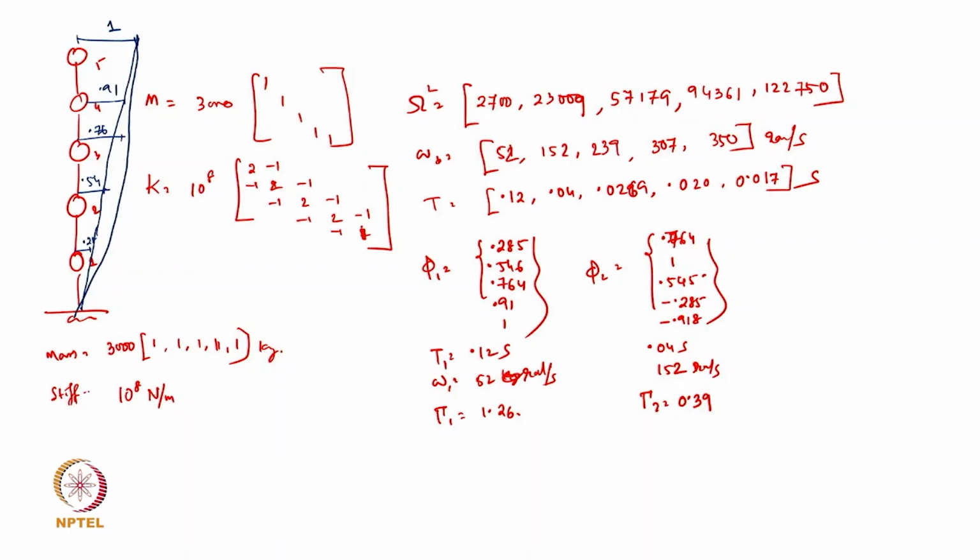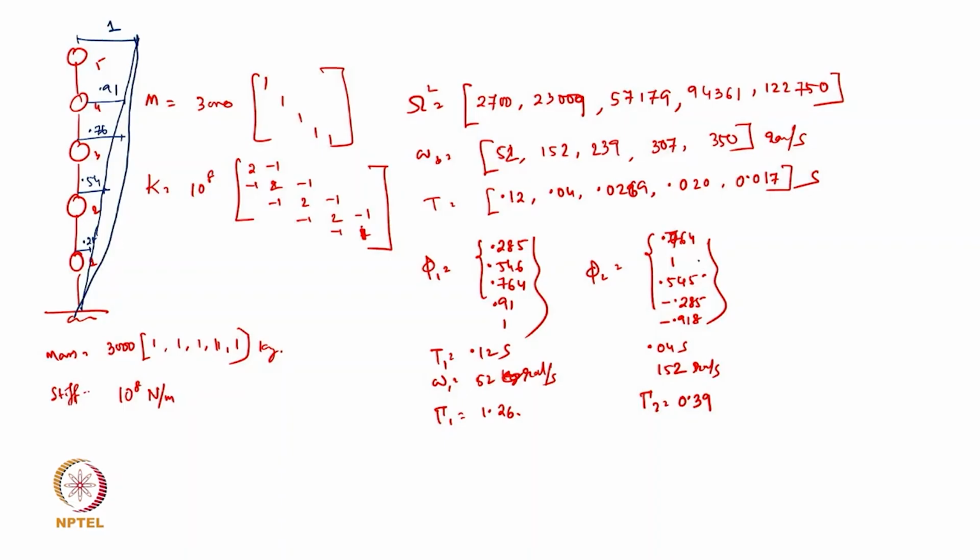Because at the top, if you see, it is 0.91, then 0.75 to 0.91. So variation in the top is less compared to the variation in the bottom. In the first floor, the variation is almost 0.28. Then in the second floor, the variation is 0.28 to 0.54, that is again somewhat a 0.25 range.